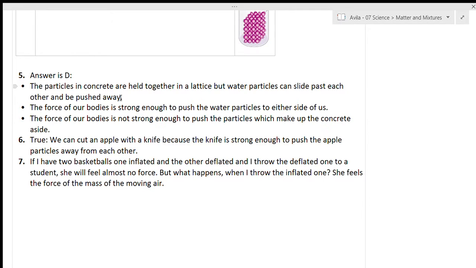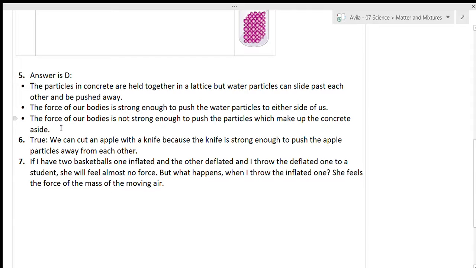The second reason is because the force of our bodies is strong enough to push the water particles to either side. So our body has the strength to push the particles of the water to each side. The third reason is because the force of our bodies is not strong enough to push the particles which make up concrete aside, okay?